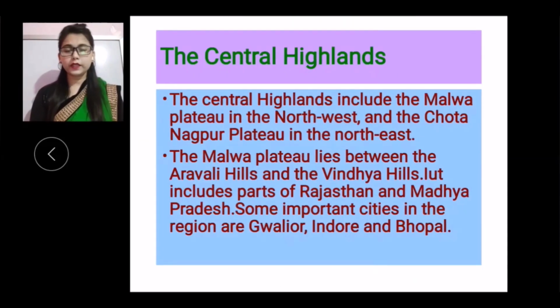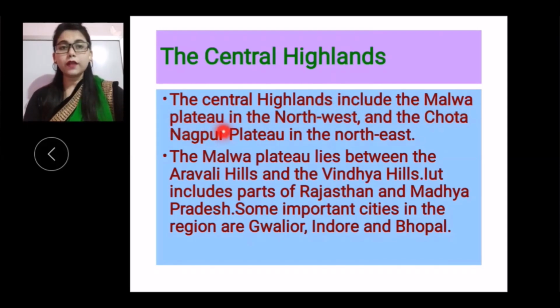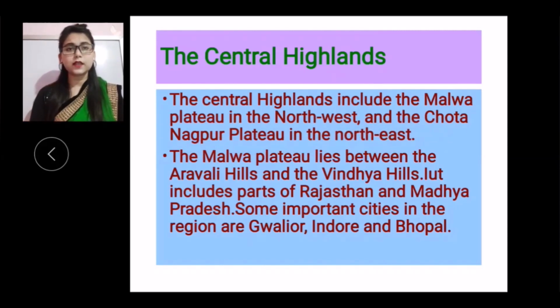When Narmada Valley divides the Southern Plateau into two parts, so to the north it is Central Highlands. The Central Highlands includes the Malwa Plateau in the northwest and the Chota Nagpur Plateau in the northeast. We have seen just before in map that Chota Nagpur Plateau is to the northeast side of the Central Highlands.